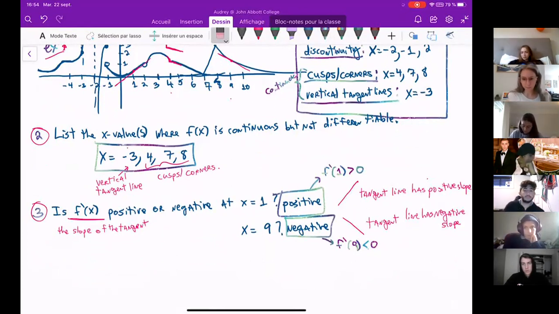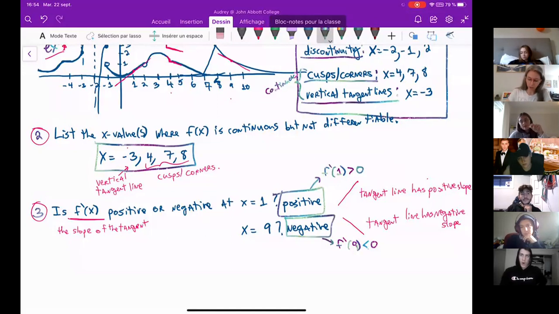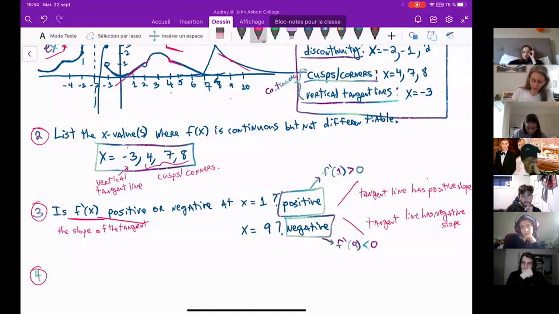Does that make sense? Because the slope of the tangent line tells me the sign of the derivative. Okay, so the next question I might ask you would be to list the x values of the horizontal tangent lines.